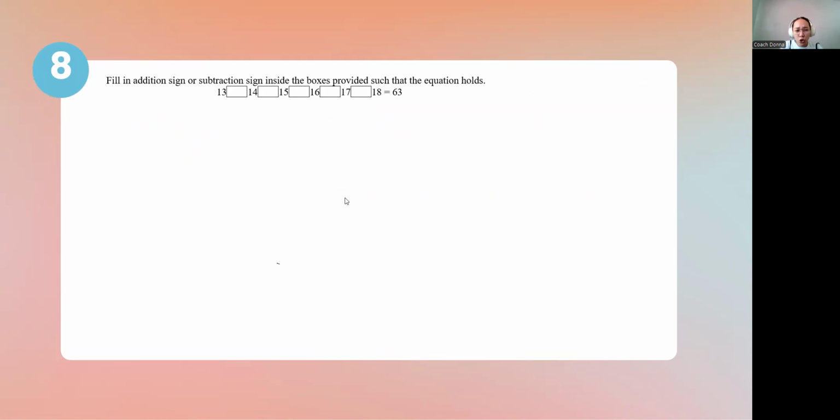So to check, okay, if we add all of them up, this right here. So you'd have an answer of 93 if it's all addition. But it's only just 63, so we need to subtract it by a certain value.